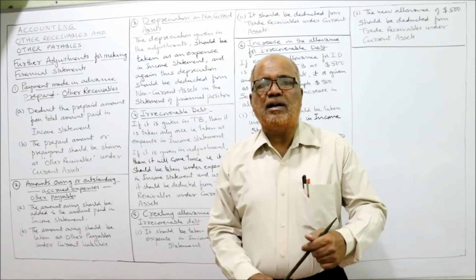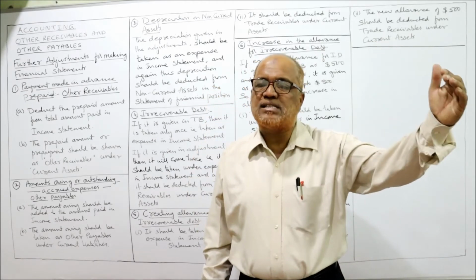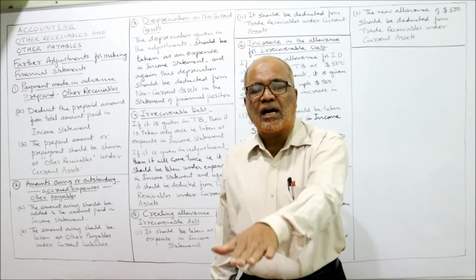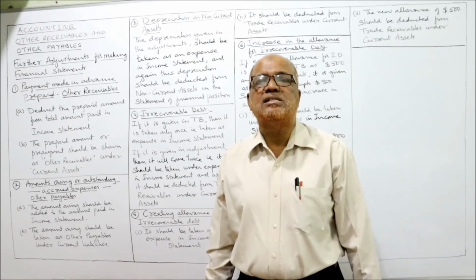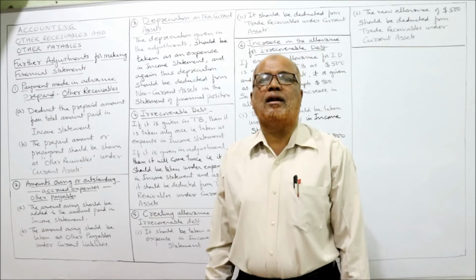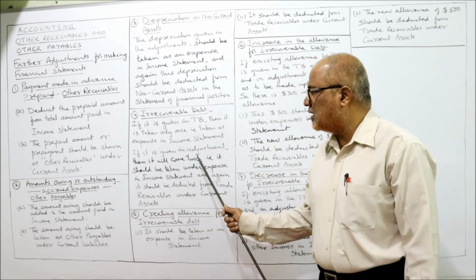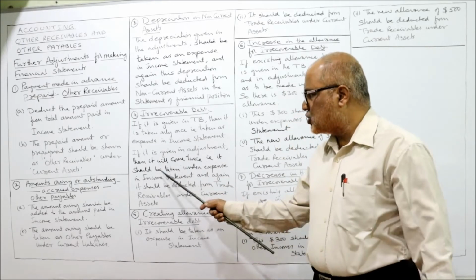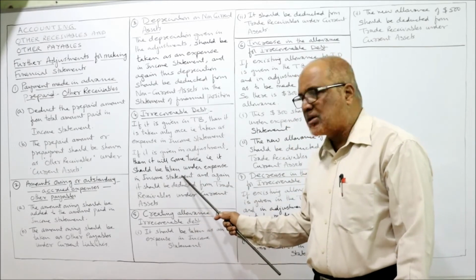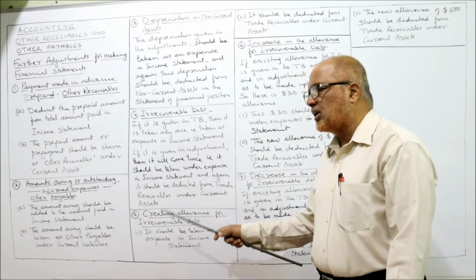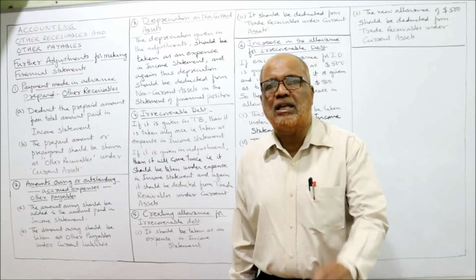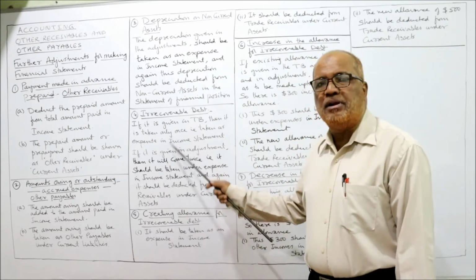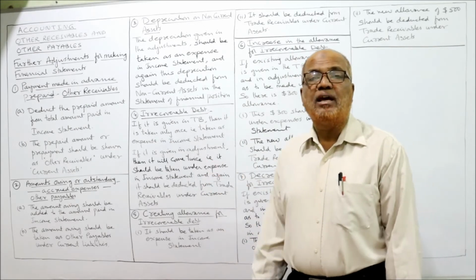Once irrecoverable debt will be taken under expenses in income statement. Again, irrecoverable debt will be deducted from trade receivable under current assets. That's what I have explained here. That's it. So these are the 2 possibilities of irrecoverable debt.